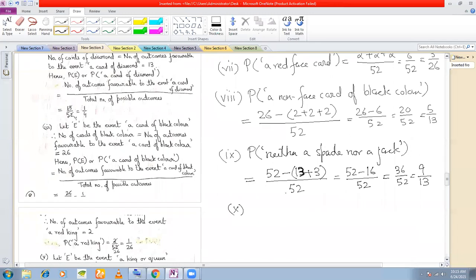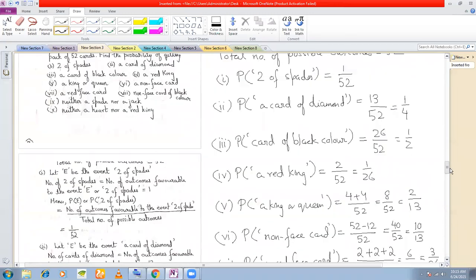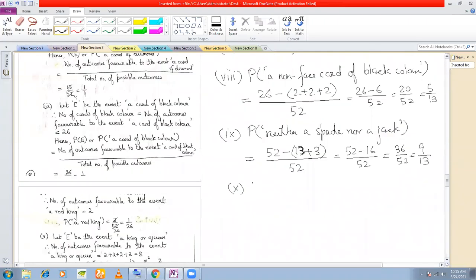And next question is the last question. Neither a heart nor a red king. From the 52 cards you remove 13 hearts because neither a heart, right?